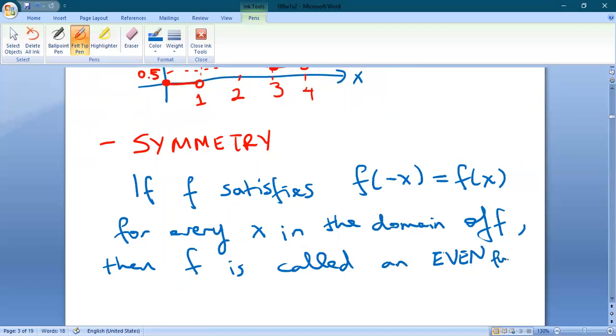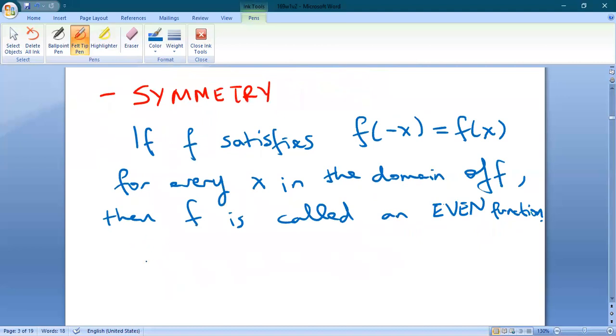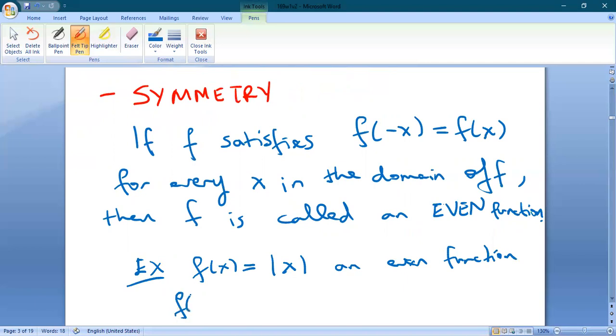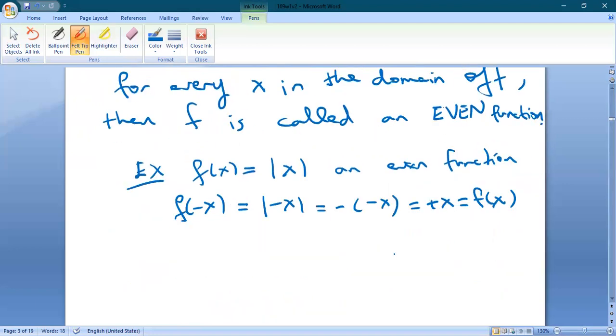This will be very useful in the integral business. Just a quick example: the absolute value function is an even function because it gives minus x, which is plus x, and this is exactly f of x. So it's an even function. There are other functions, but we will talk about them later.